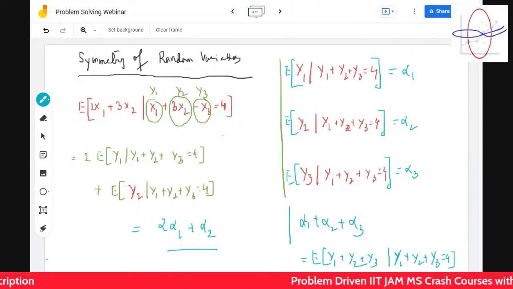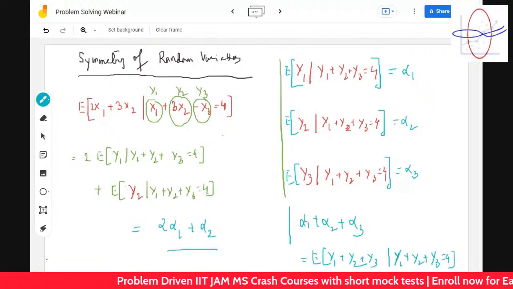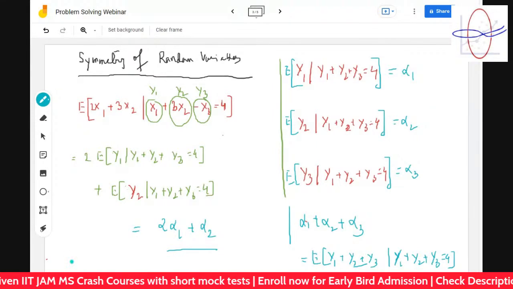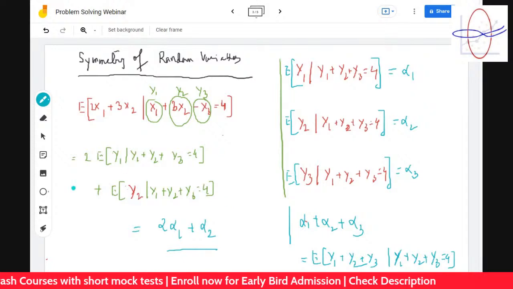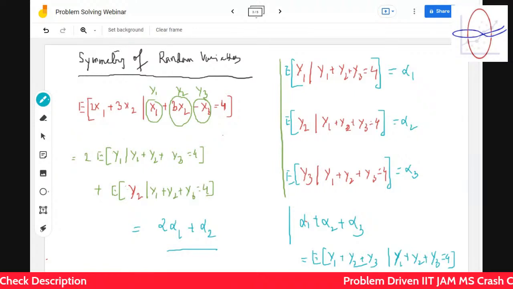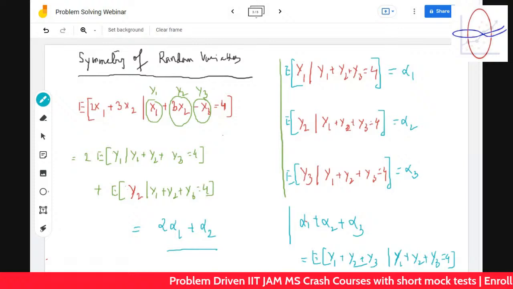Okay, so I will repeat that again. We are adding alpha 1 plus alpha 2 plus alpha 3. Why are we adding that? Because the expression on the left hand side is sort of forcing you to find alpha 1 plus alpha 2 plus alpha 3, rather than twice alpha 1 plus alpha 2. It's better to find alpha 1 plus alpha 2 plus alpha 3 because it gives an inherent symmetry.